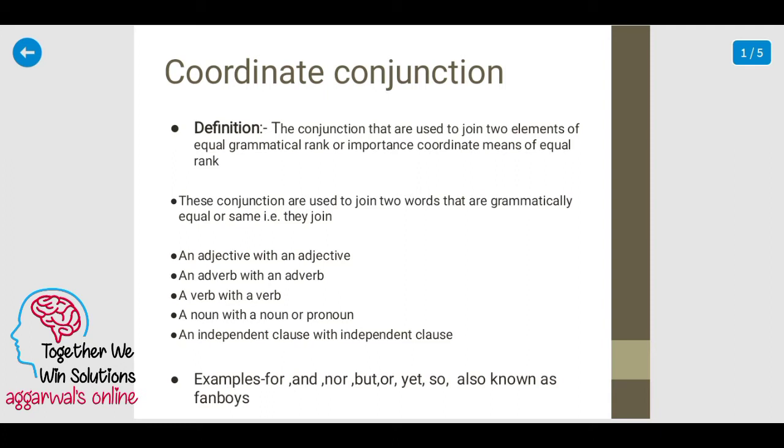So coordinate conjunctions are the conjunctions that are used to join those elements of English grammar that are of equal grammatical rank. That means those words or phrases that are used in a similar manner in English grammar.